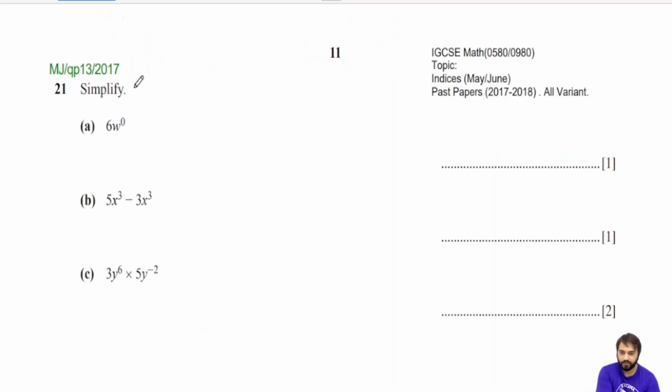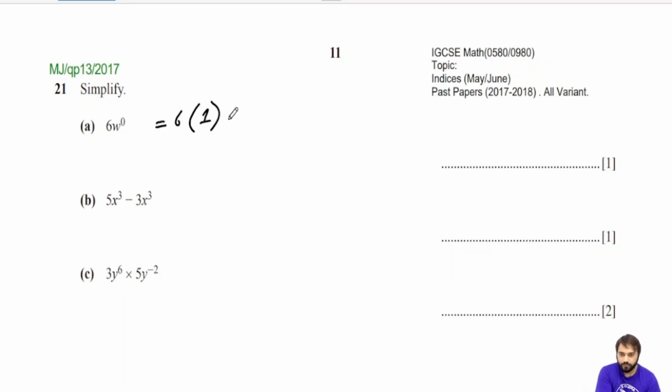Again the same paper, question paper 1, variant was 3. Question 21, simplify 6 into w raised to power 0. So I can write w raised to power 0 is equal to 1, because any number that has power 0 can be written as 1.